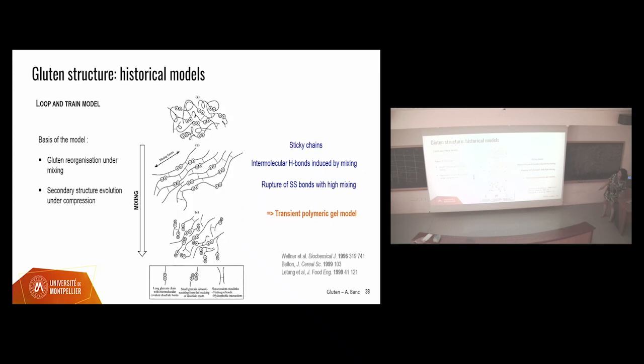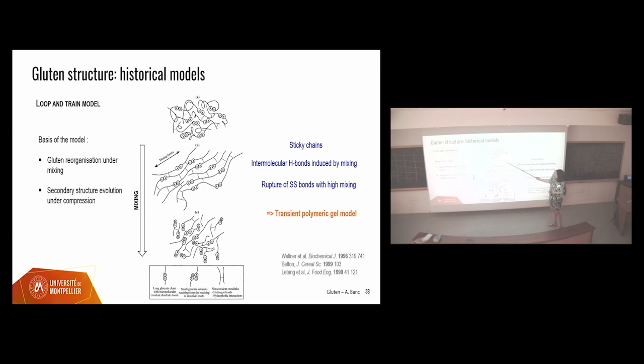However, in parallel, Wellner and Belton proposed another model because they wanted to model the fact that there's a reorganization of the network under mixing, and they also observed an evolution of secondary structure during compression test. Their proposition was that we have gluten protein cross-linked by disulfide bonds.